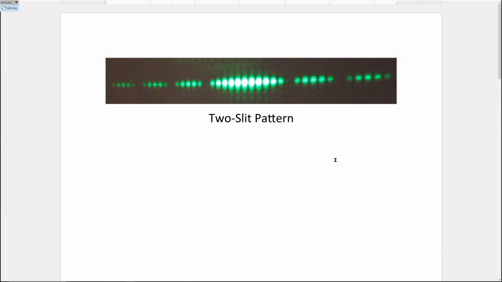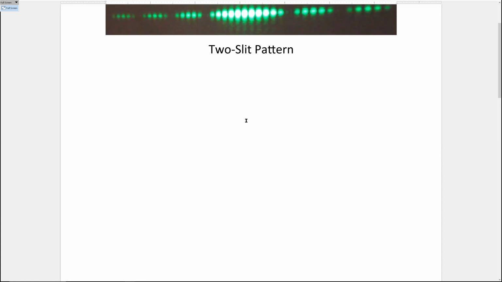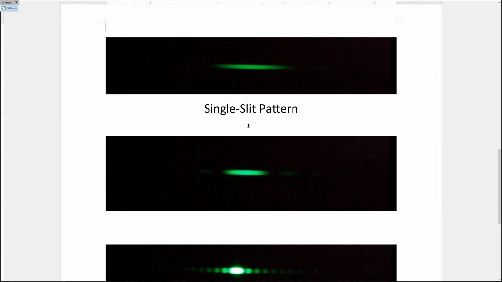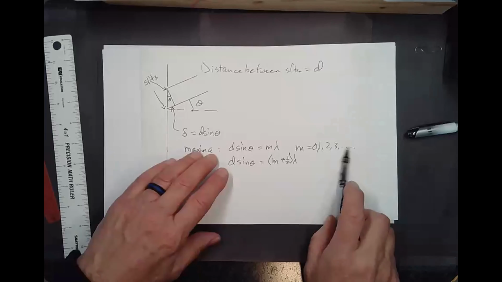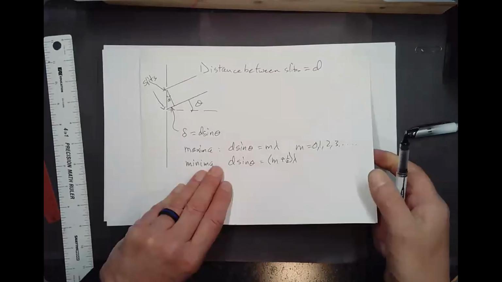So today we're going to try to understand what's going on with the single slit pattern and do a little bit of math learning about that. So let's change our view back to the other screen, so we can try to understand what's going on with those things.